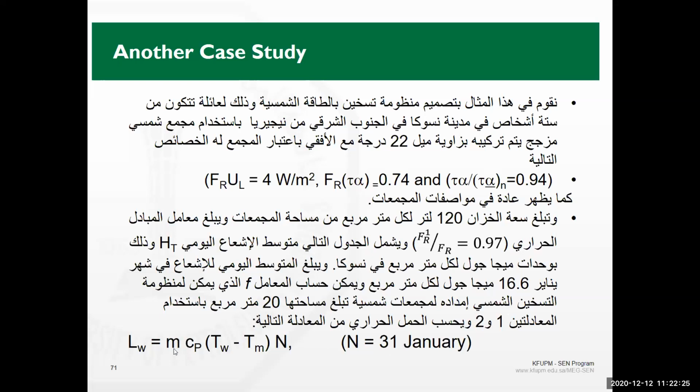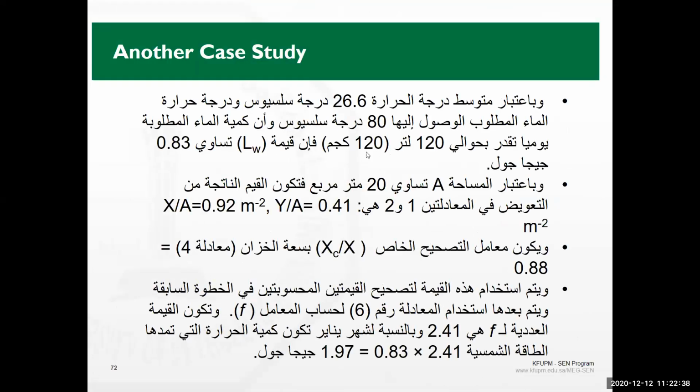So M, the mass flow rate of the water that needs to be heated, CP, T water minus Tm. So this is the water exit minus inlet temperature for heating. Assuming the temperature is 26.6 Celsius, and we need to heat the water to 80 degrees centigrade.